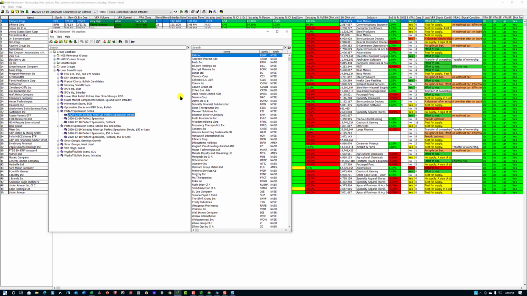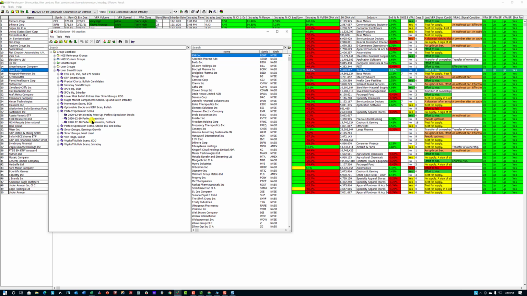So if you install the add-on after the market starts trading, and your intraday prices are updated, then you can go in and rebuild your User SmartGroups, because it's going to pull stocks out that are up for the day, and it's going to ignore the rest of them, the way I have these set up.